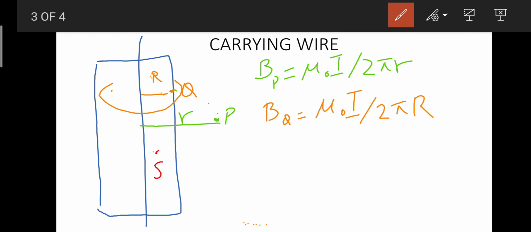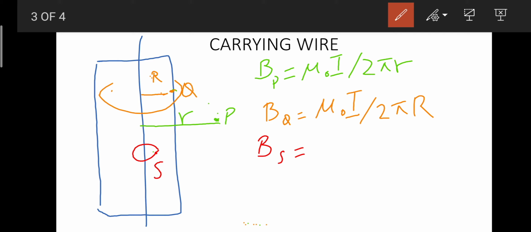For the third case, which is at point S, if I want to determine B at S, I would definitely need to draw the Amperian loop. Suppose this loop is like this, and for this configuration, we will see how much current is going to pass through this particular Amperian loop.